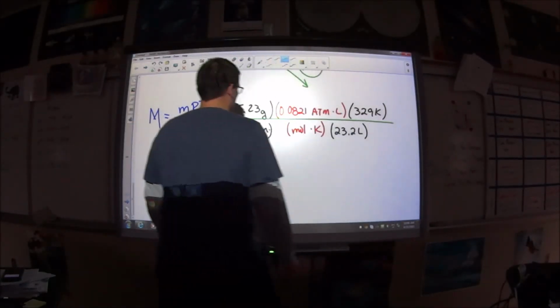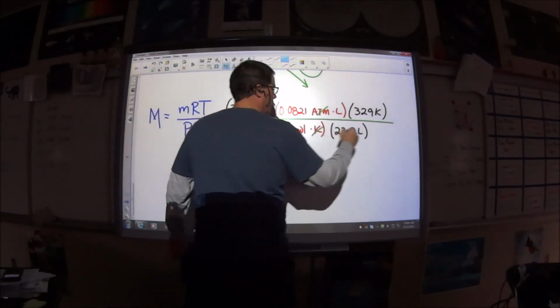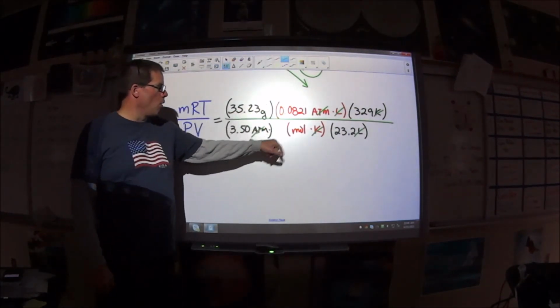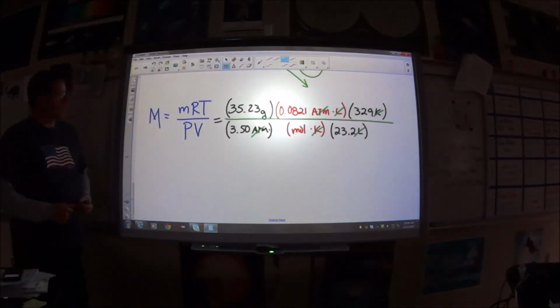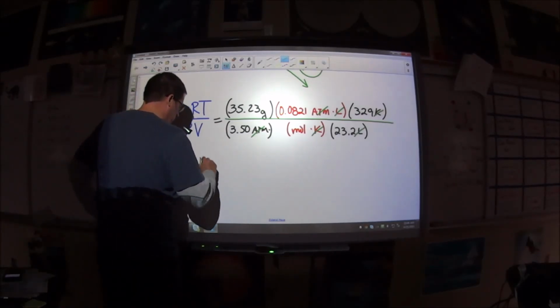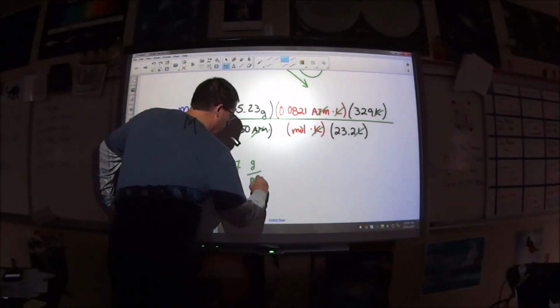So let's cancel out like terms. It's like atmospheres, Kelvin, or liter. We're left with grams per mole, which is molar mass. All right, let's get a number there. And my molar mass is like 11.7. And that's grams per mole.